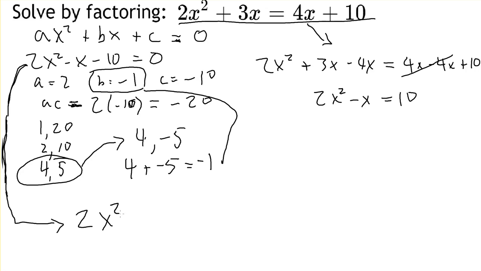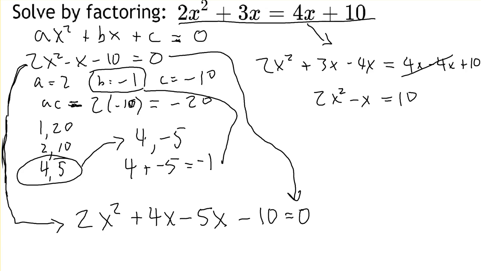2x squared plus 4x minus 5x, right? You see what I'm doing? And then minus 10, right? And I'll keep this 0 there.